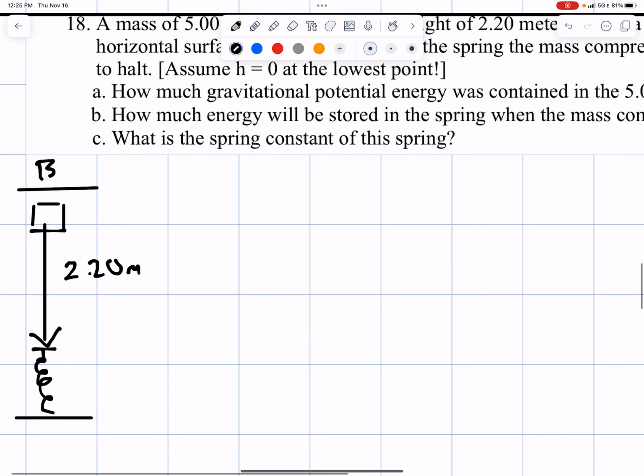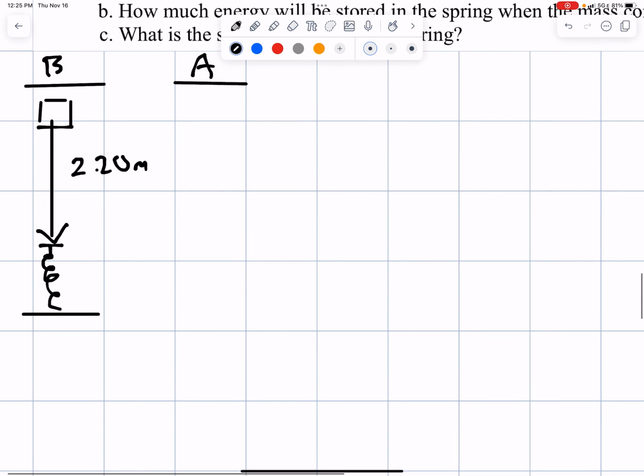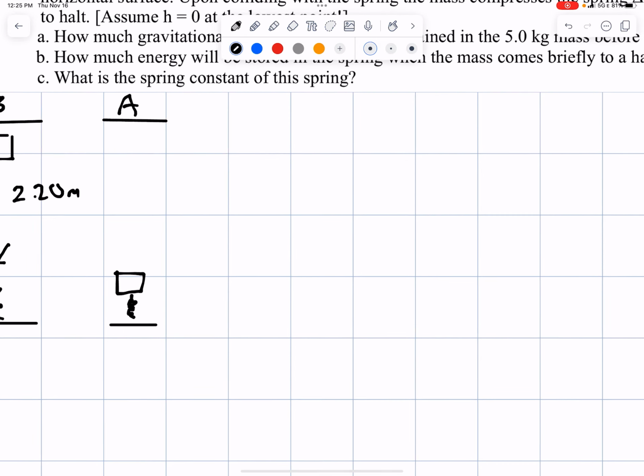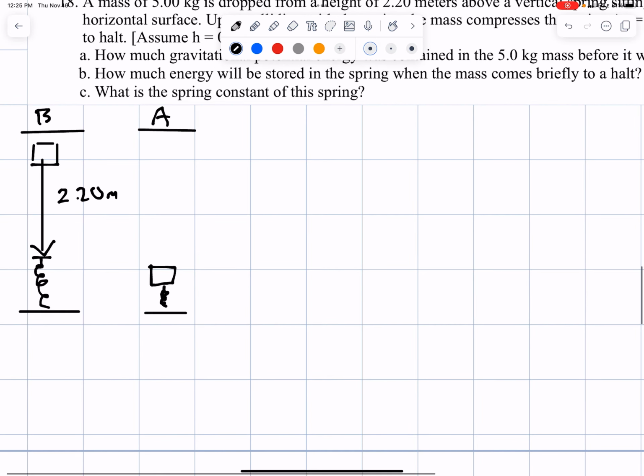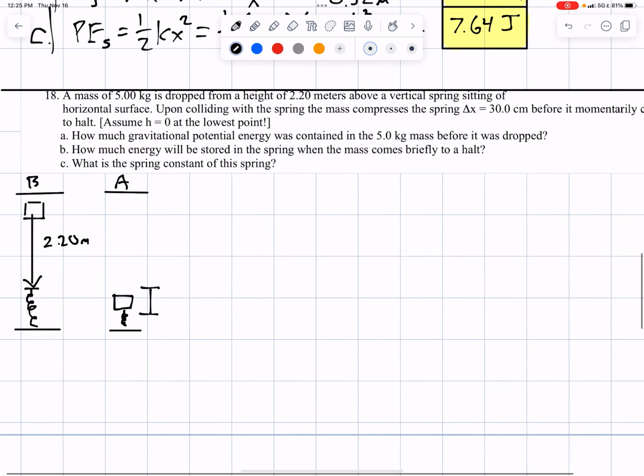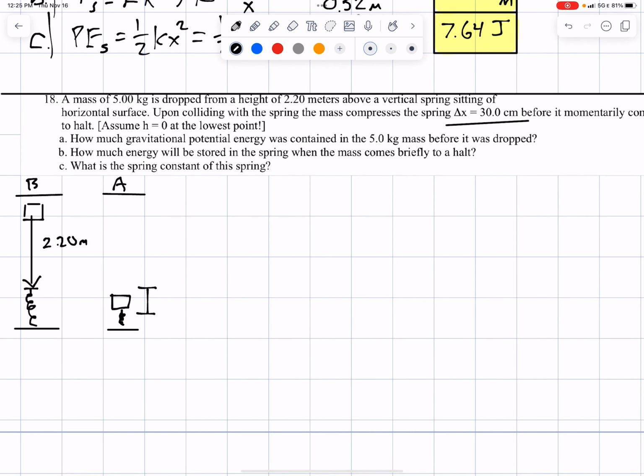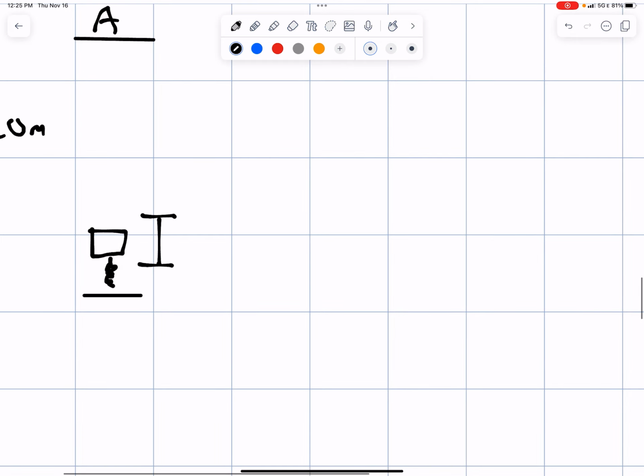That's before. Now, afterwards, what happens when the block meets the spring? Well, it's going to compress the spring, of course. So I'm going to draw the block here with a fully compressed spring. And what ended up happening? How much did it compress? It says the spring compressed 30 centimeters, which is x equals 0.30 meters.